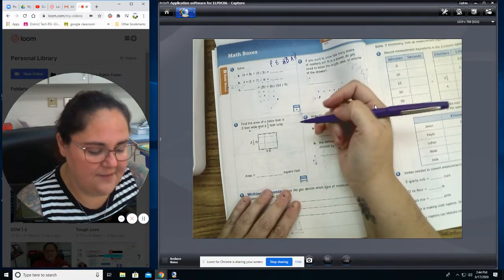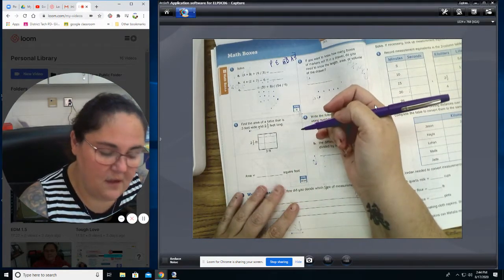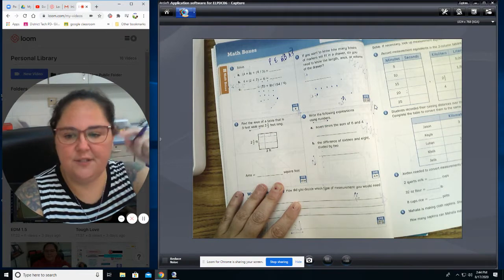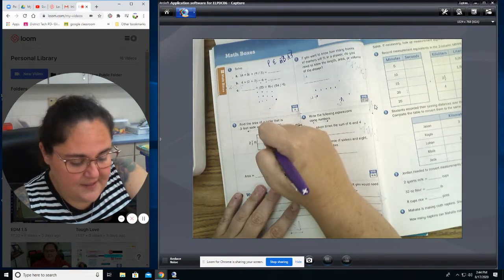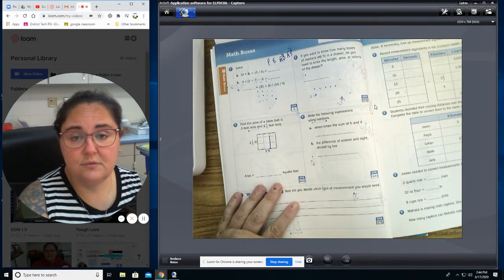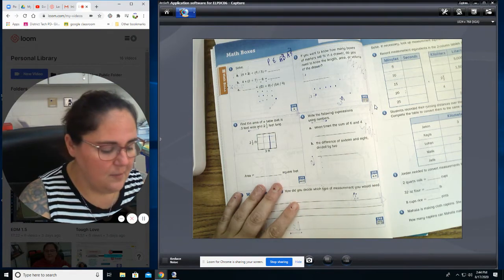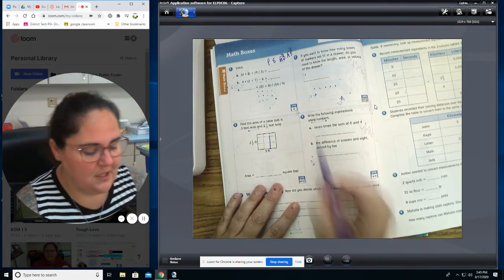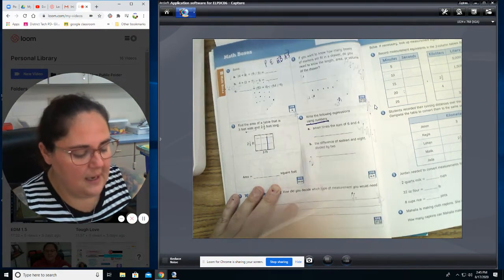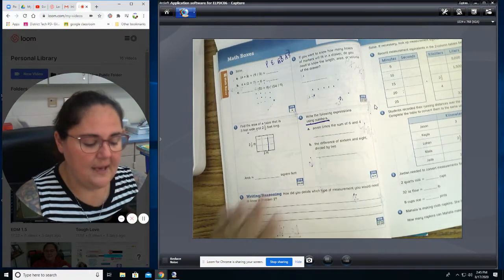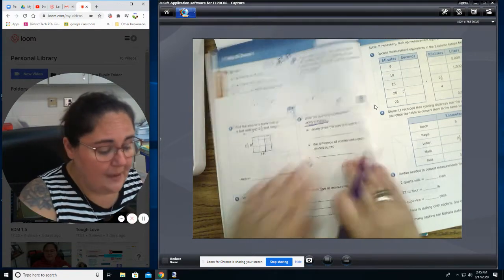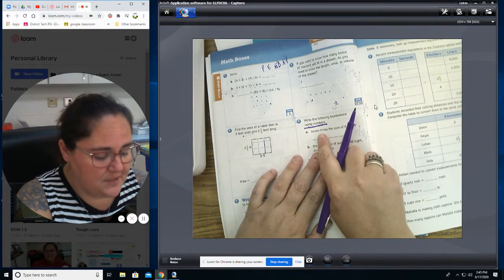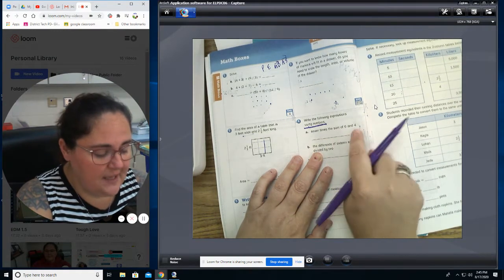All right, number 3, find the area of the table that is 3 feet wide and 2.5 feet long. You should know how to do this. We did a lot of this yesterday. Here's a hint. Draw this extra line if you need to. Okay. Number 4, write the following expression using numbers. An expression using numbers. So 7 times the sum of 6 and 4.